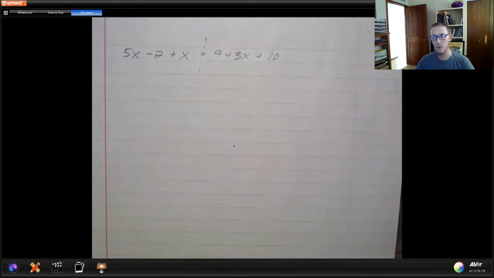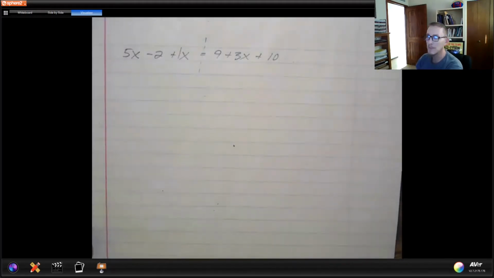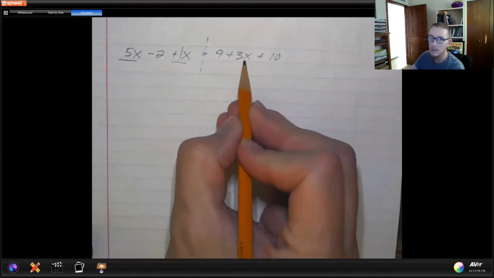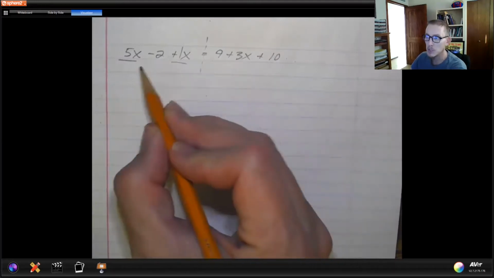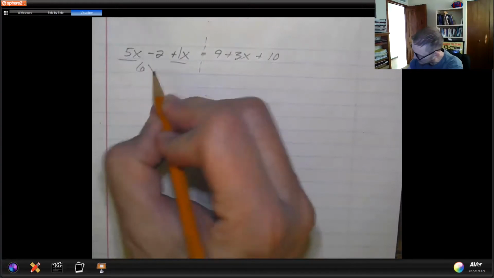Step one is get rid of parentheses. Well, there are no parentheses. So step two is combine like terms on each side of the equals. On the left side, I'm going to put a 1 in front of that x. I have a 5x and a 1x. I cannot combine the 3x because it's on the other side of the equals. So I simply combine the 5x and the 1x to make 6x.